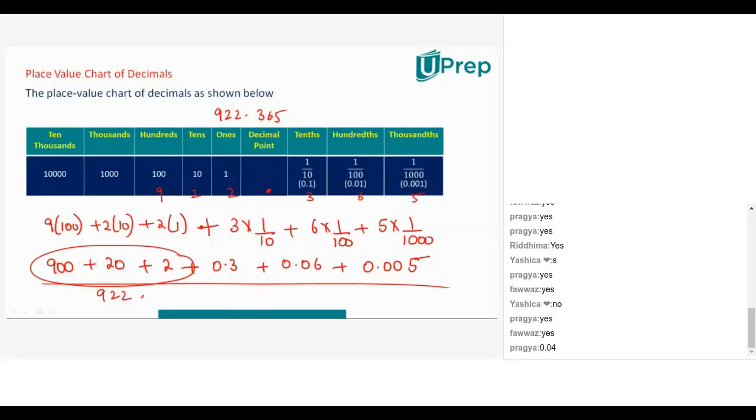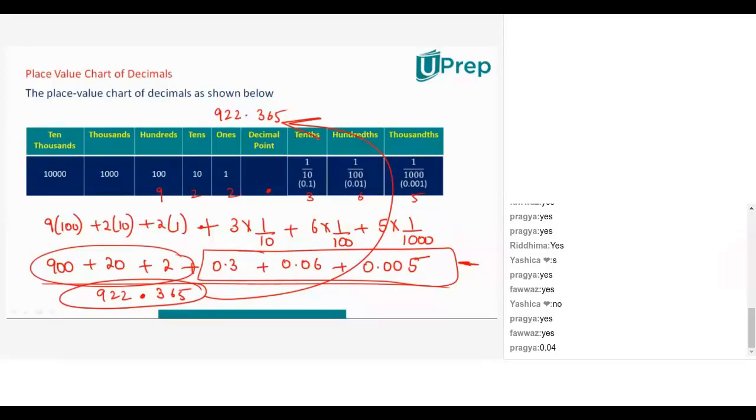If I add these three, I'm going to get 0.365 because I have the point already. This is the expanded form, and then I compress it to get back to this, and we are also clear with the place value chart of how decimals move. Are we clear with this?